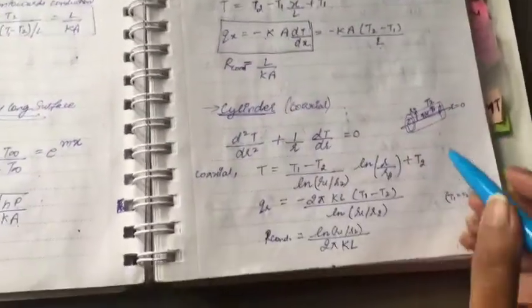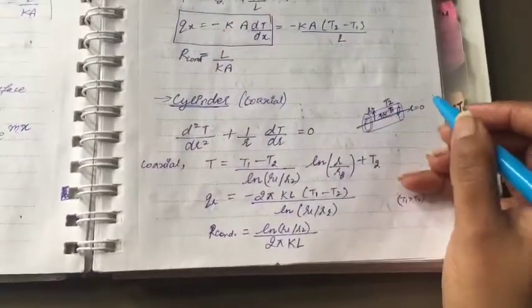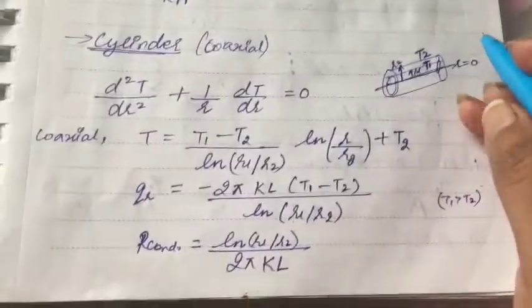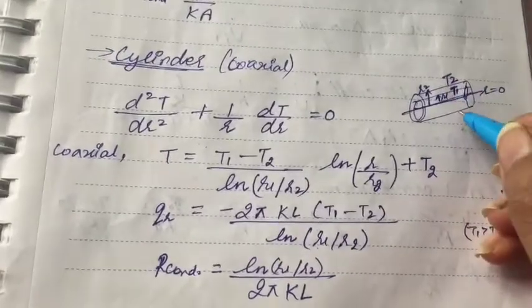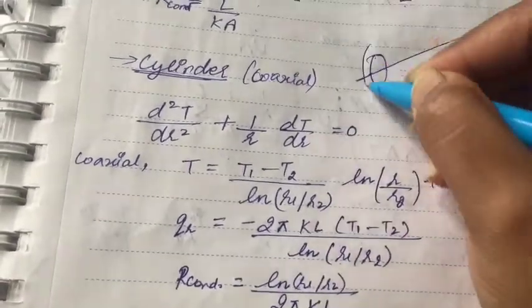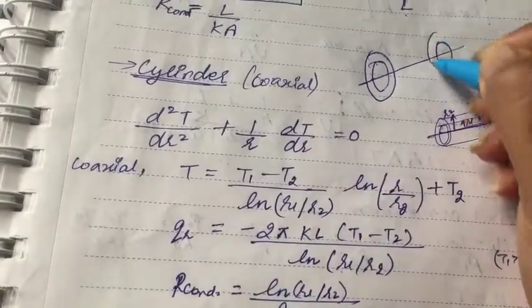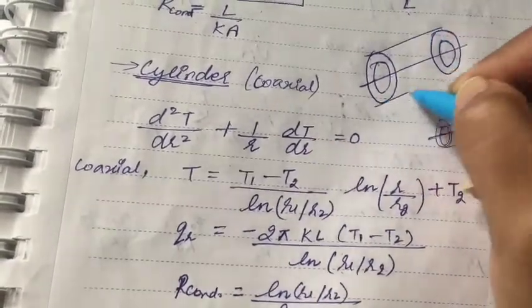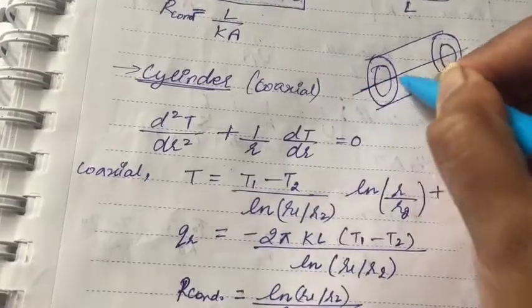In case of a cylinder, we have a coaxial cylinder. The coaxial cylinder is one in which two cylinders are there with a common center.